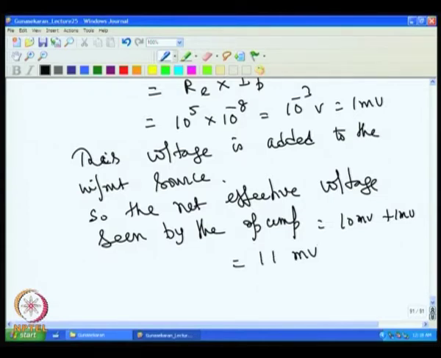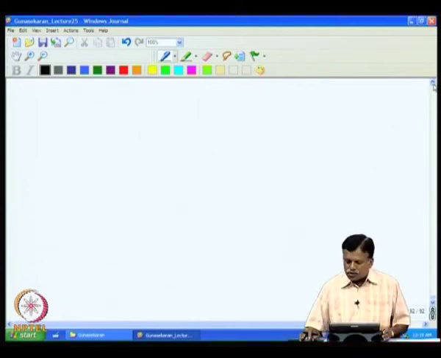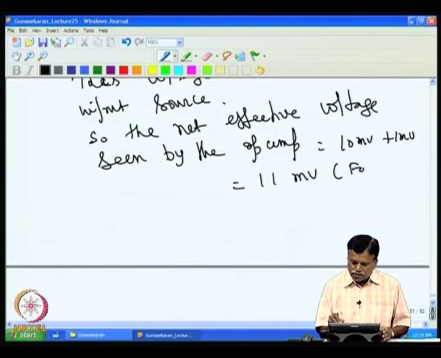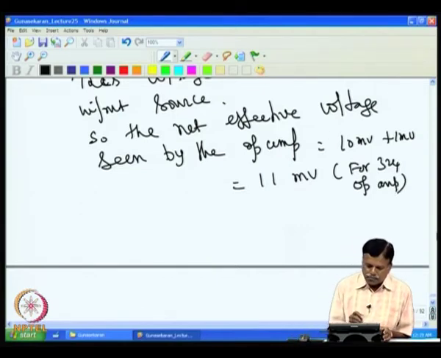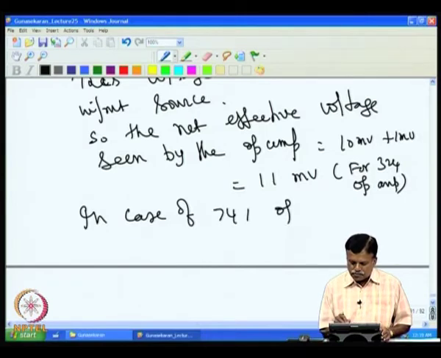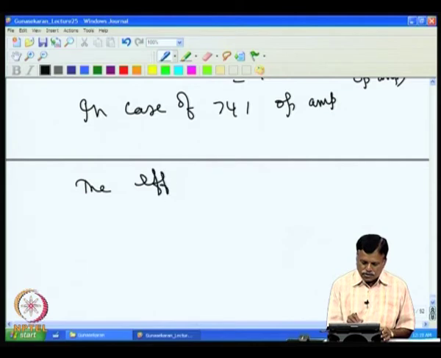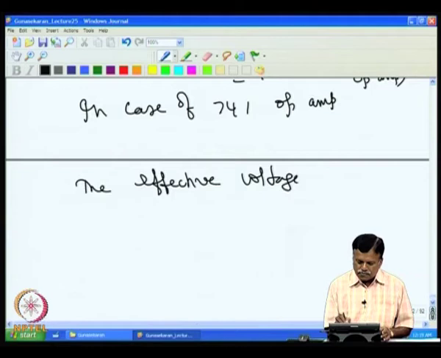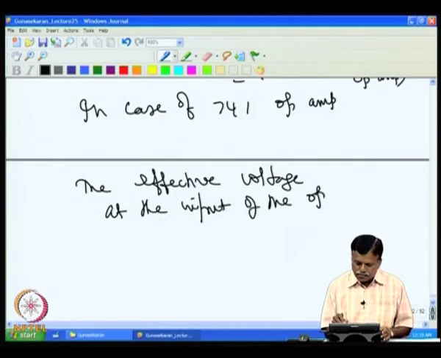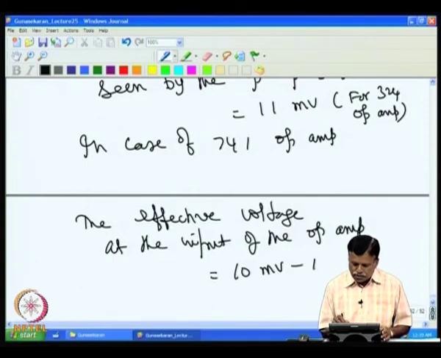This is for LM324, where PNP type is used and the bias current is flowing out. If it had been a 741 op amp, the effective voltage at the input of the op amp would be 10 millivolt minus 1 millivolt, that is 9 millivolt.